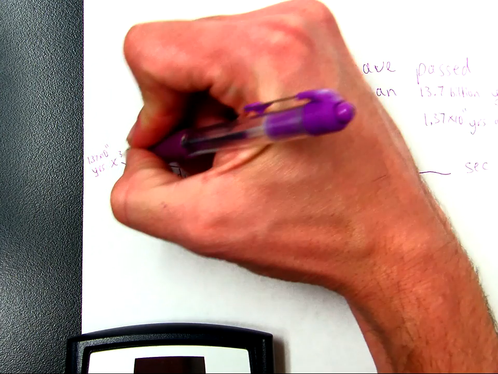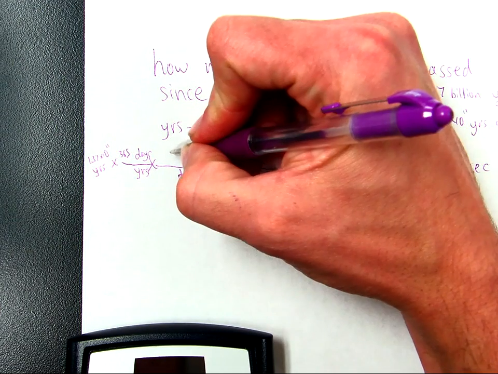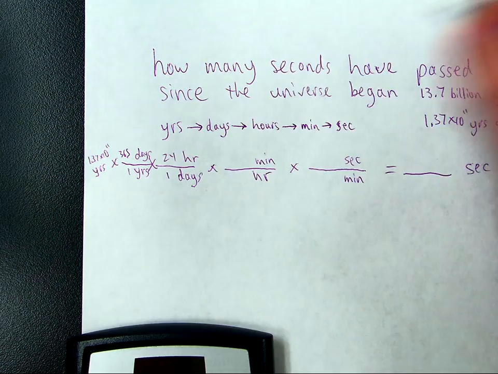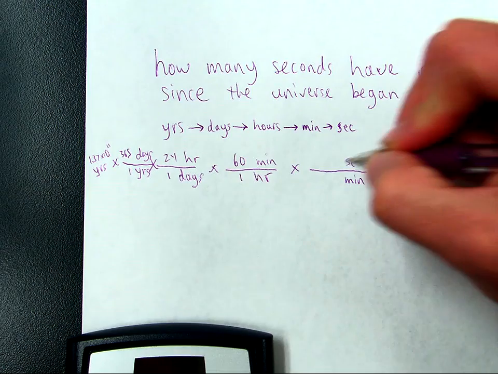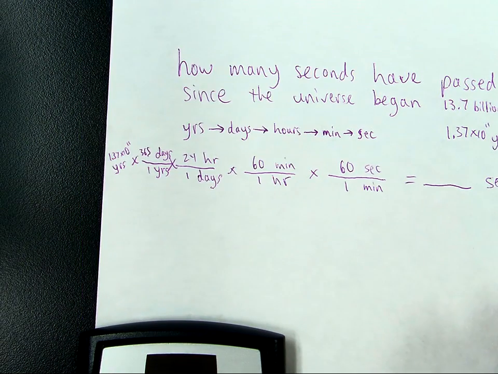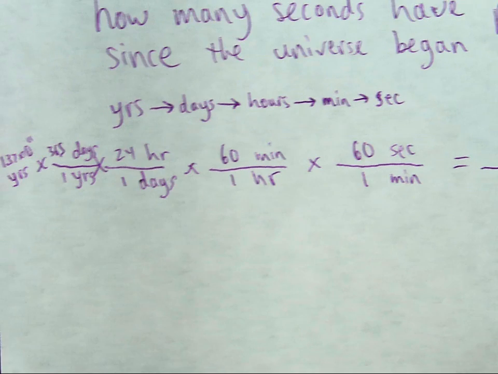So, 365 days a year. Let's see. 24 hours per day. 1 hour is 60 minutes. 1 minute is 60 seconds. Okay, my writing is small, so perhaps if I zoom in it'll be a little easier to see. There we go.